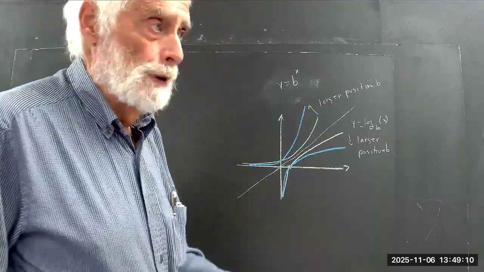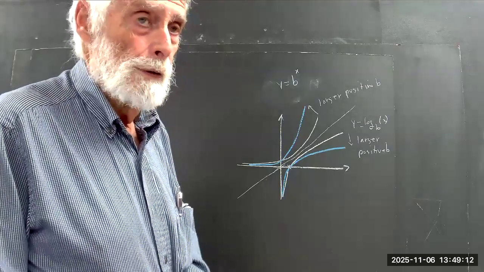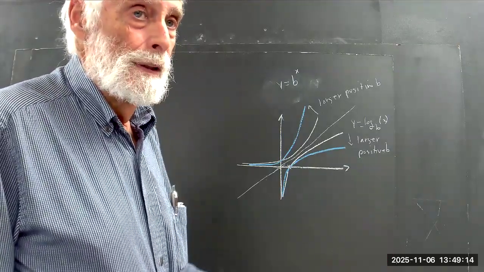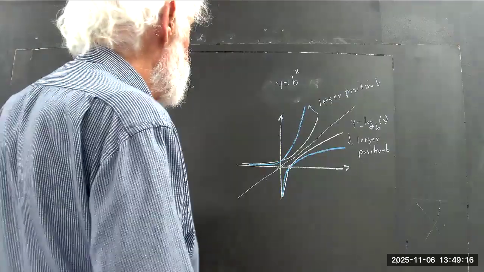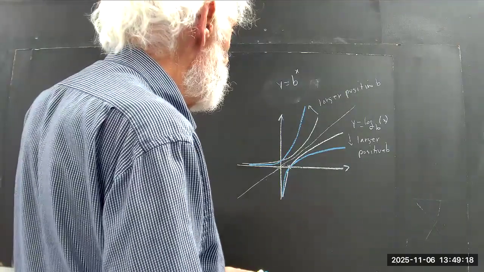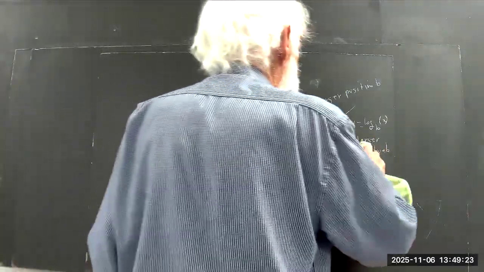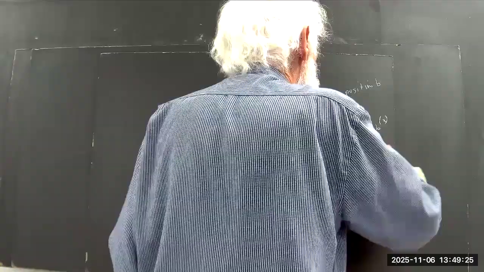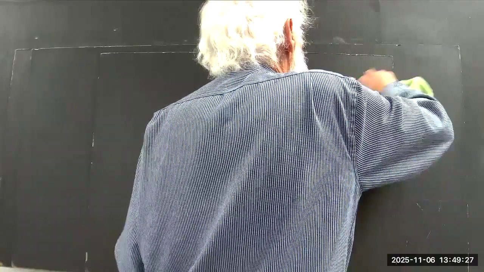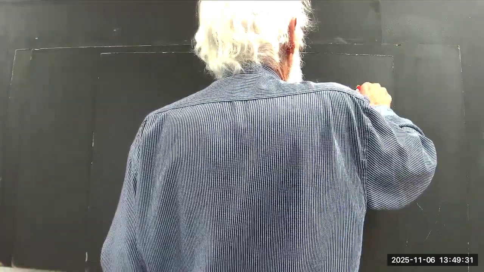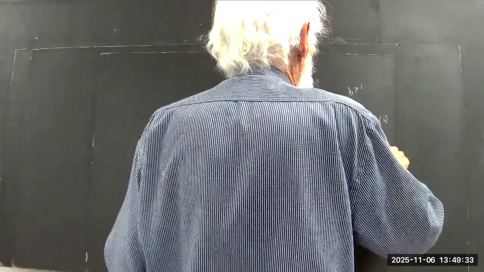So for example, log base 5 graph will be flatter than the log base 2 graph. Okay. And I said larger positive B. That's my brain. It shut off. Larger values of B that are greater than 1.